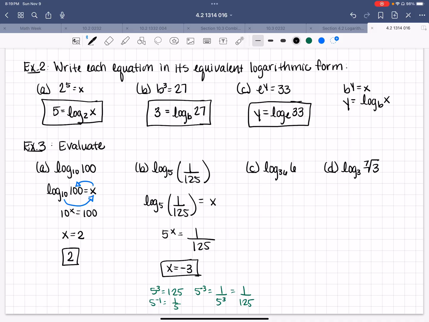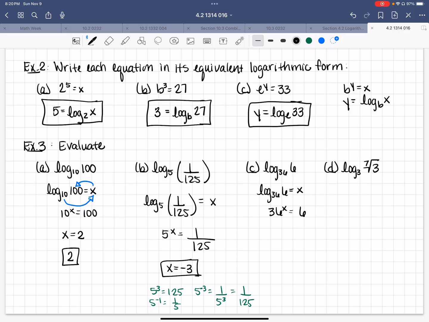Okay, C, I have log base 36 of 6. We're asking ourselves, what's that going to equal? Equals x. So 36 to what power equals 6? Well, I know that 6 squared equals 36.